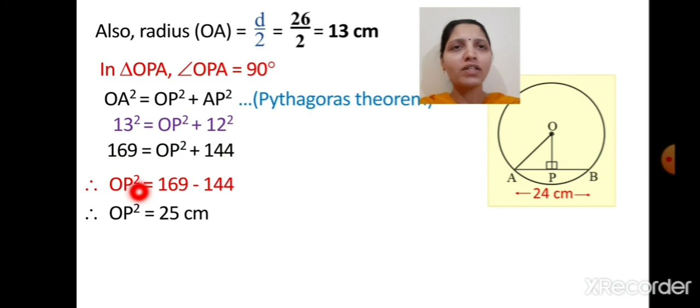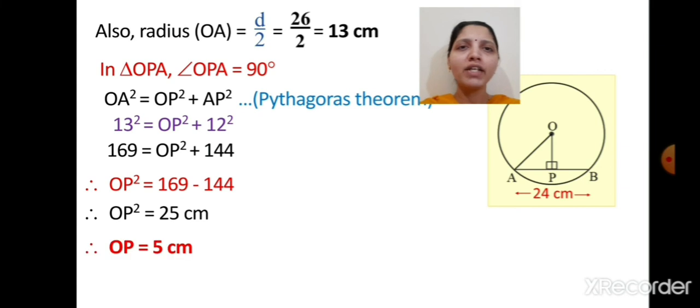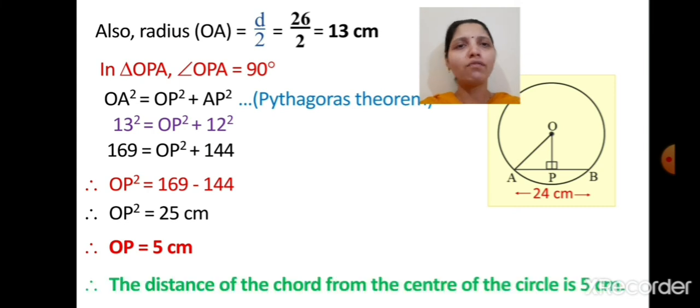Therefore OP square is equal to, shifting 144 to the other side, 169 minus 144, that is equal to 25. So finding square root on both sides, you will get OP is equal to 5 centimeters. So your final answer is the distance of the chord from the center of the circle is 5 centimeter.